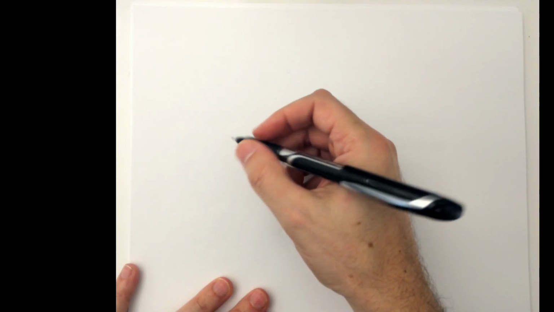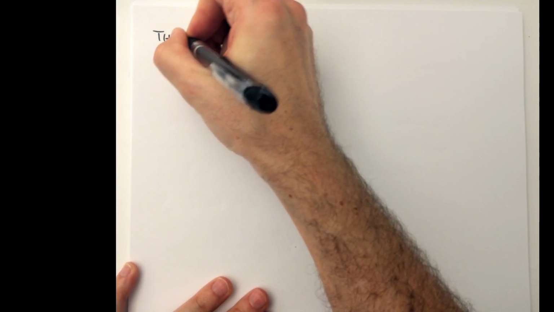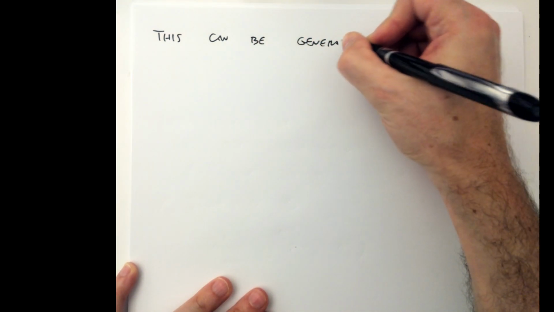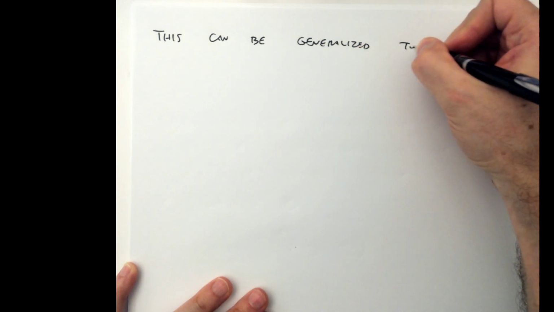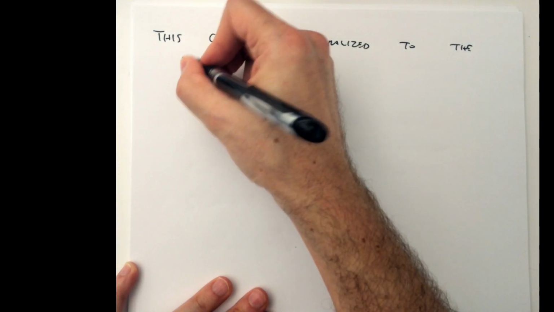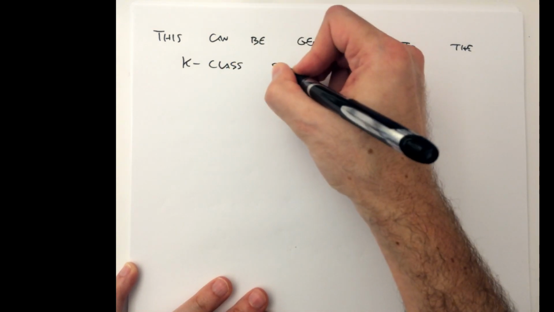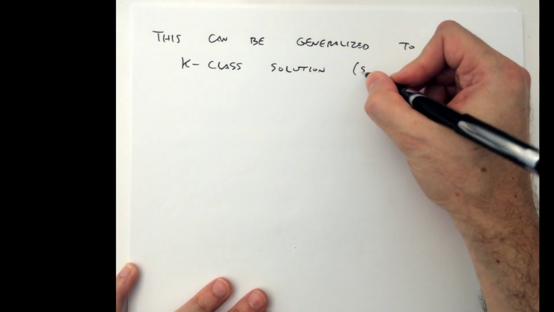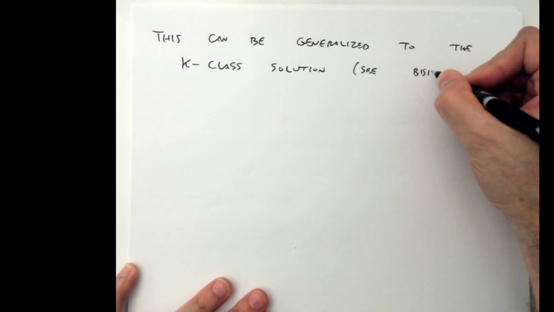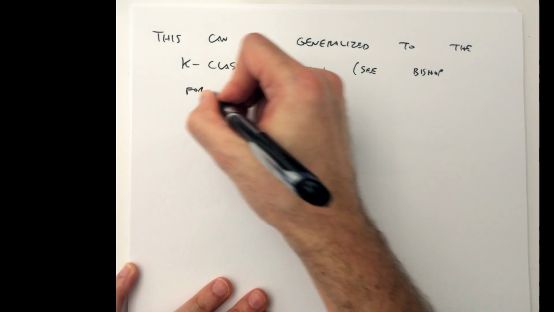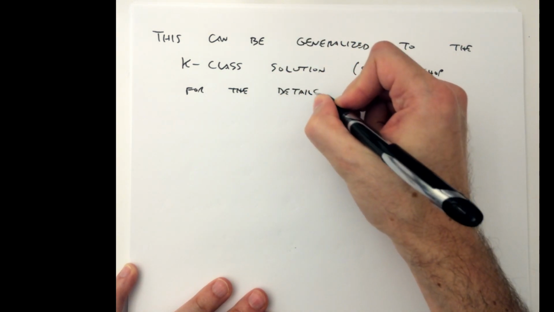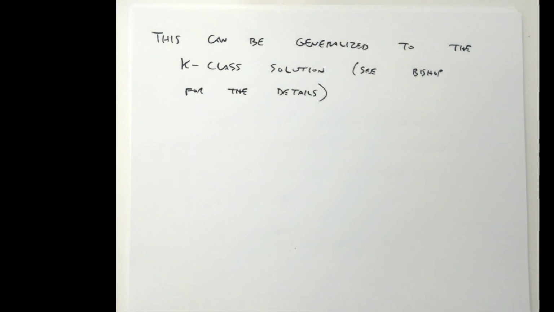I can tell you that this can be generalized to the K-class solution, and you can see Bishop for the details. If you want the gory equations for the K-class setup, it's in the book.